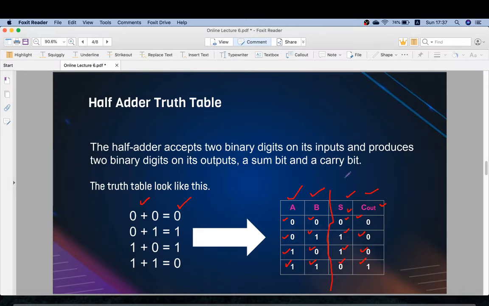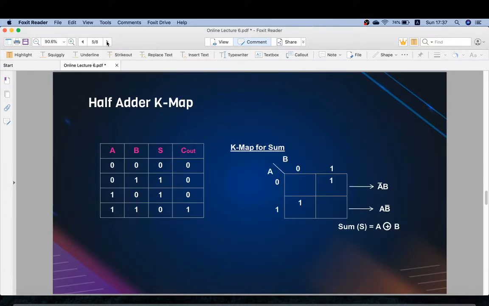So the final output truth table of our half adder will be 0 0 1 0 1 0 and 0 1. Now we will move to the next step, the half adder K-map. So this was the truth table of the half adder and we will make K-maps from it.